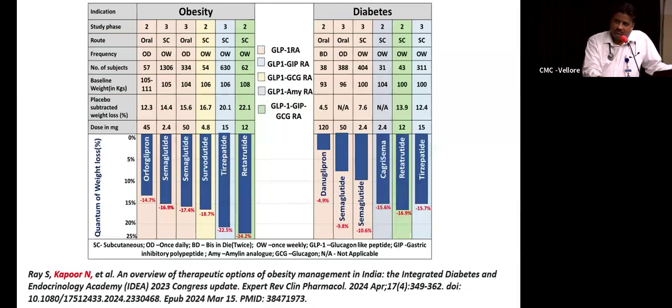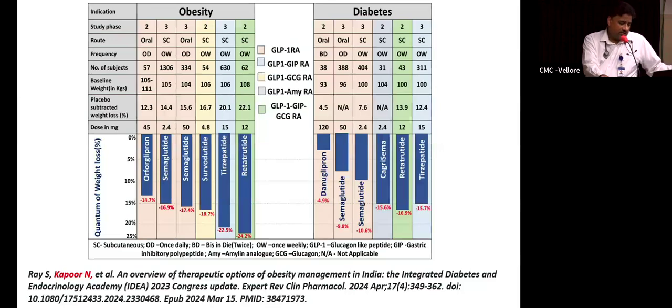The most effective drug is a triple receptor agonist, that is GLP, GIP, and glucagon, causing about 25% weight loss. Tirzepatide comes next, which is probably the first one which will be available later this year in India for use in patients with obesity, causing about 22% weight loss.